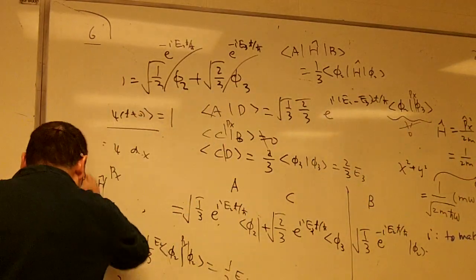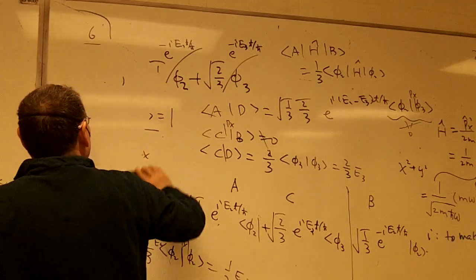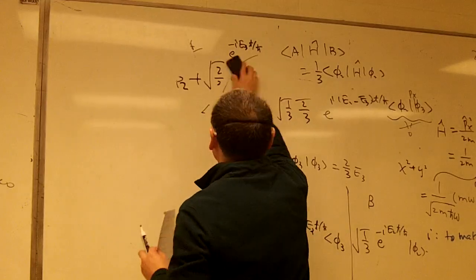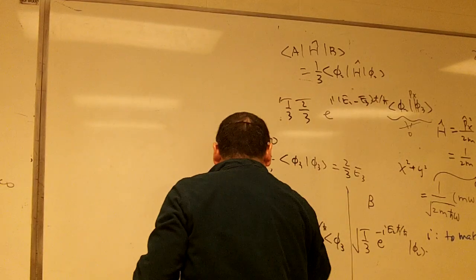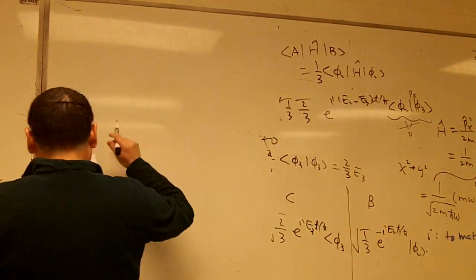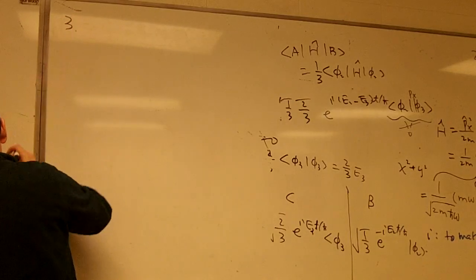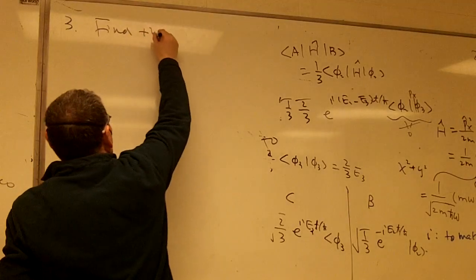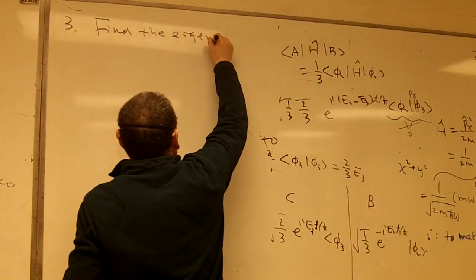Item number 3, we're going to show you, in fact, we can get something from nothing. And this is quite interesting. So this is item number 3. Find the eigenfunction.